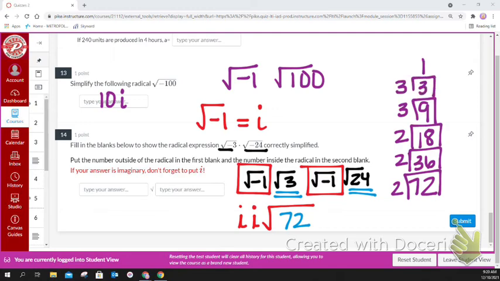So I have a pair of 3s and a pair of 2s that gets to come out. So all together I have a 6. So 6 can come out. And then this 2 that did not have a partner has to stay.